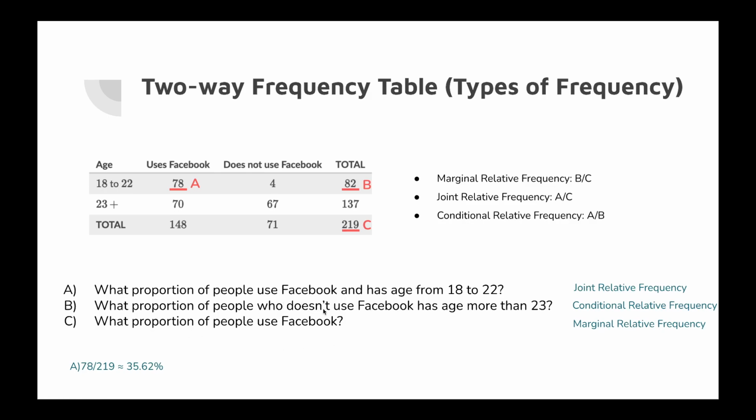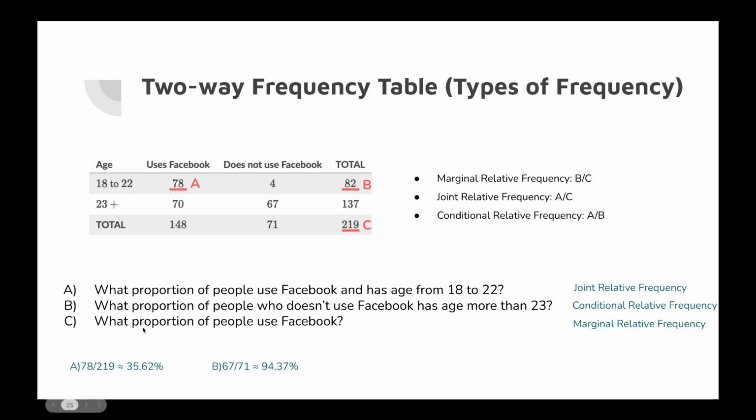The proportion of people who don't use Facebook, we have 71 of those people and has age more than 23, we have 67. So the numerator should be 67 and the denominator should be 71. If we divide 67 by 71, it is around 94.37%.